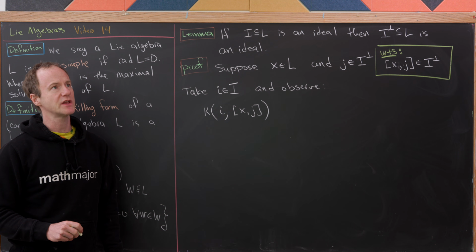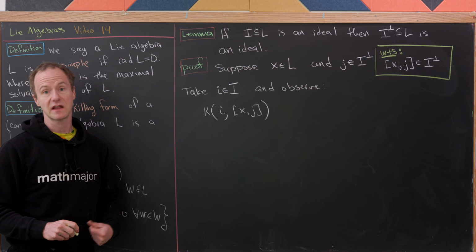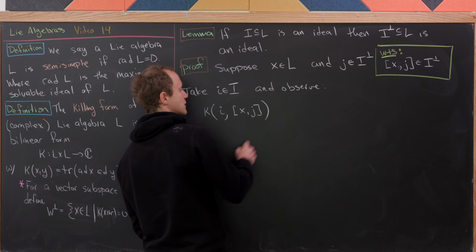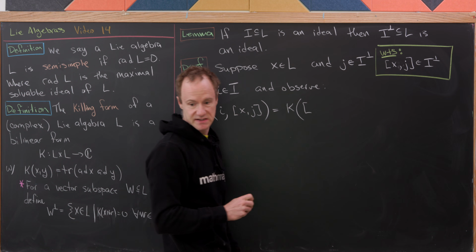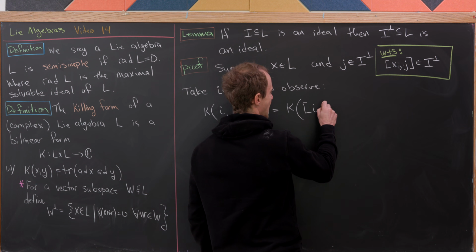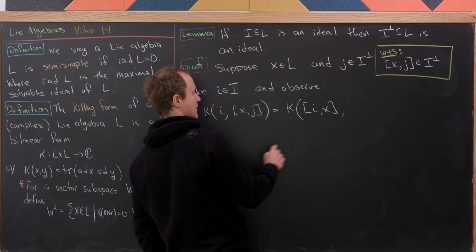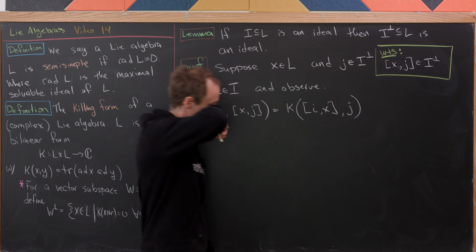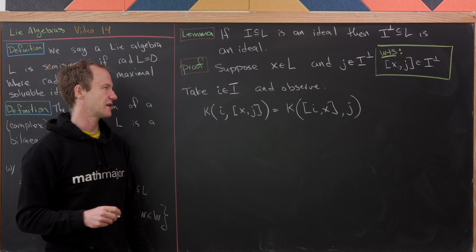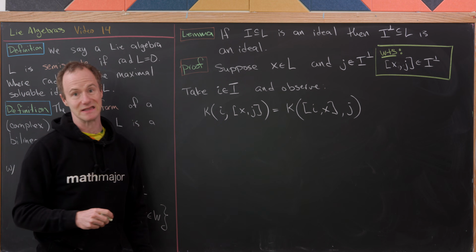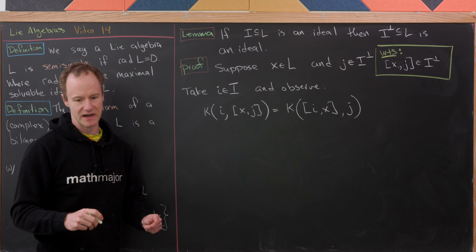Now we're going to use a property of the Killing form that we proved in the previous video, and that goes like this. This is going to be kappa of the bracket of i with x, comma j. Again, that's a really nice property of the Killing form, that you can move the Lie bracket around inside of it, if you will.